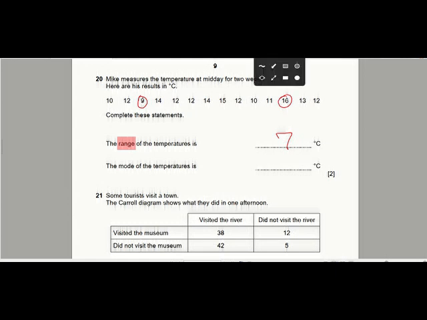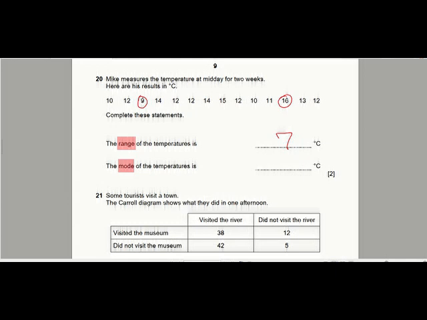Mode. Now we go for the mode. And it says the most what? The most repeated number. So which is the most repeated number in this set?